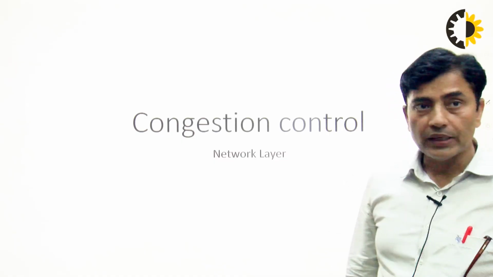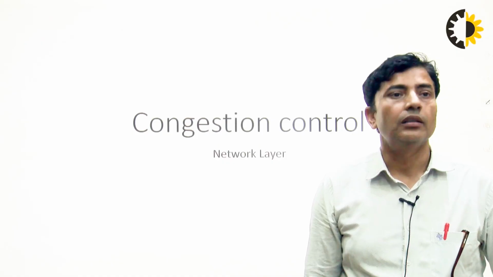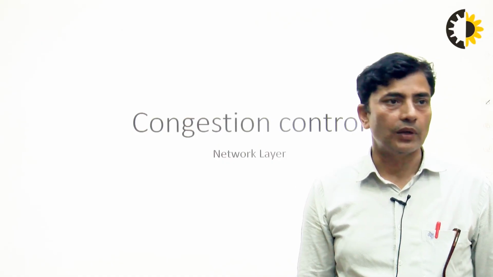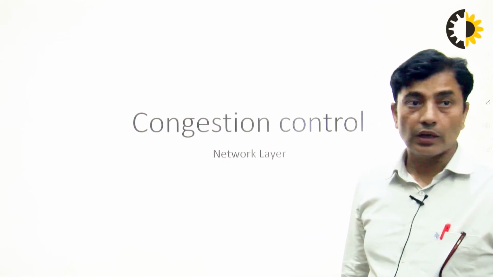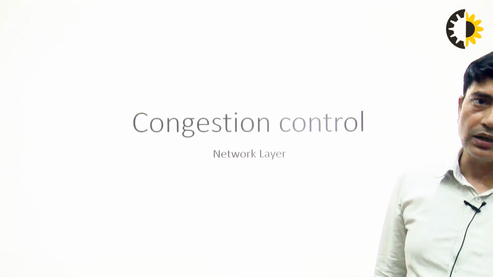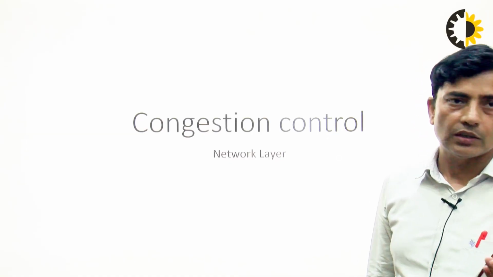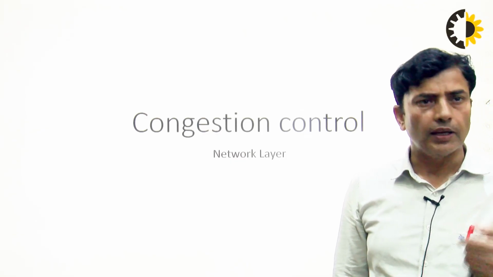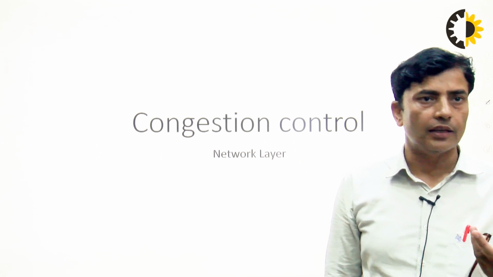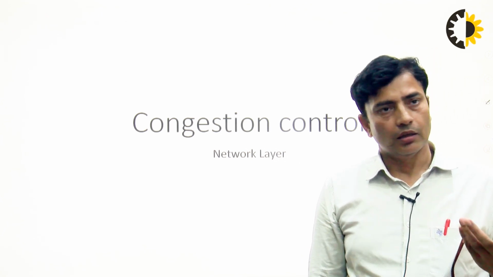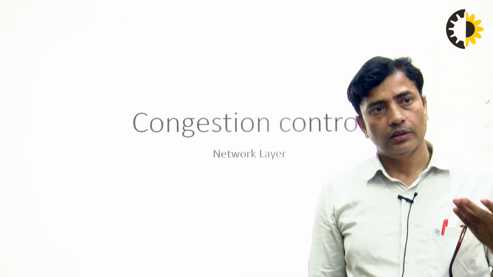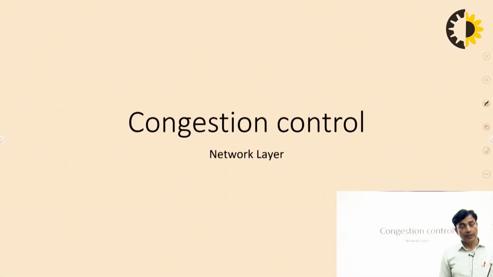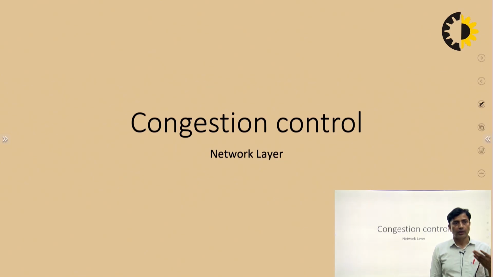So how can we ensure that the congestion in the network can be controlled? At the network layer, we know that in a computer network there are a number of layers, like the 7 layers if we talk about the OSI model: application, presentation, data link, transport, network, physical layer.